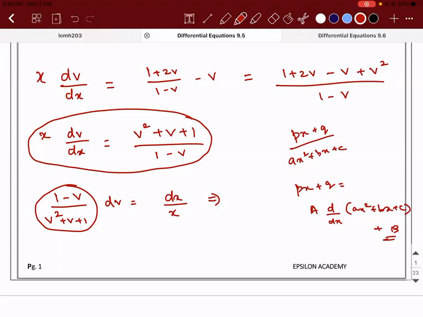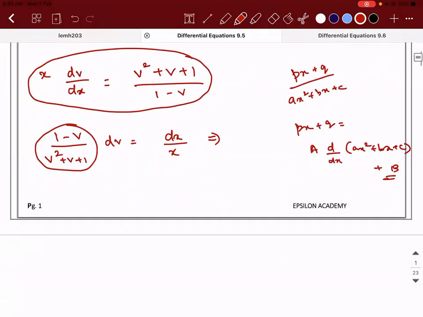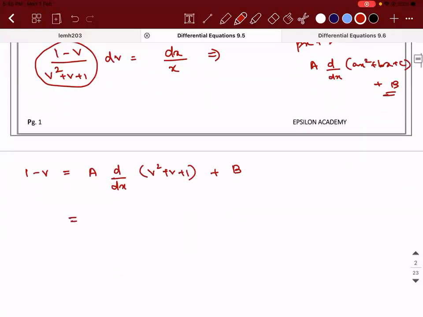Correct? So 1 minus v is equal to a into d by dv of v square plus v plus 1, plus b. Sorry, my mistake, it is not d by dx, it is d by dv.